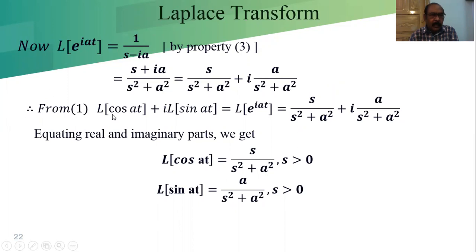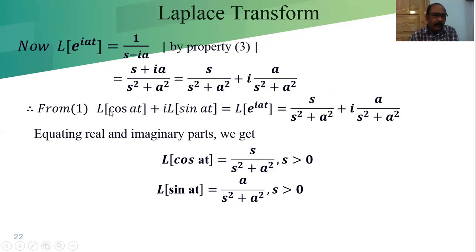Now, the Laplace transformation of cos at plus i times the Laplace transformation of sin at equals the Laplace transformation of e to the power i at, which equals s by s square plus a square plus i times a by s square plus a square. Now equating the real and imaginary parts, the real part is s by s square plus a square.